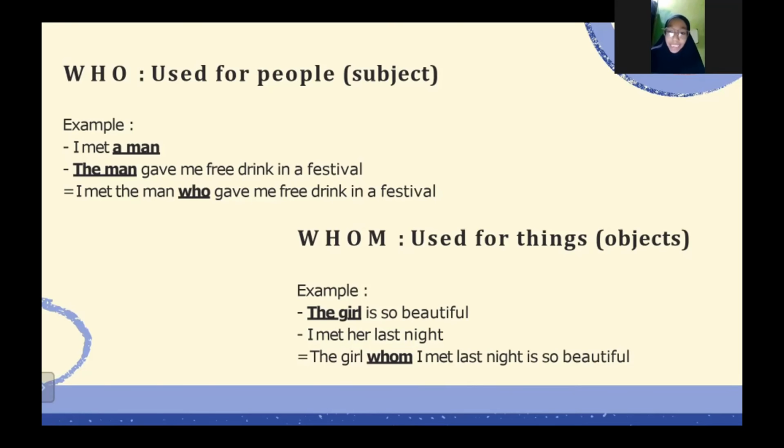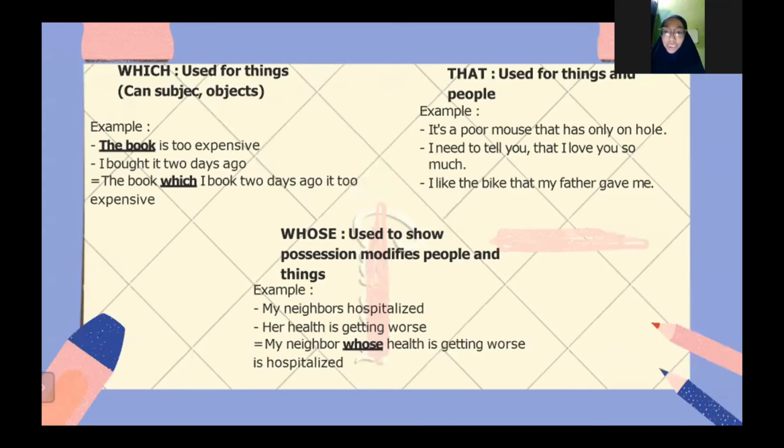Okay, the next slide has relative pronouns that, which, and whose. Now that and which can be said to be the same, but we also have to look at their position in a sentence. What do you think, Rifma, about which and that?